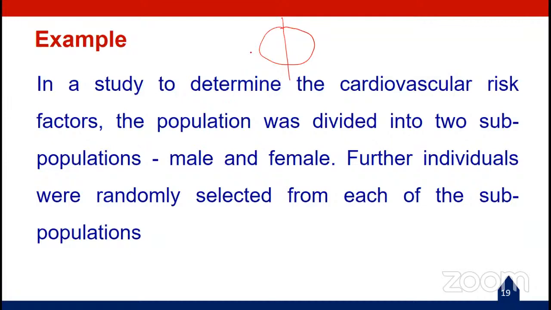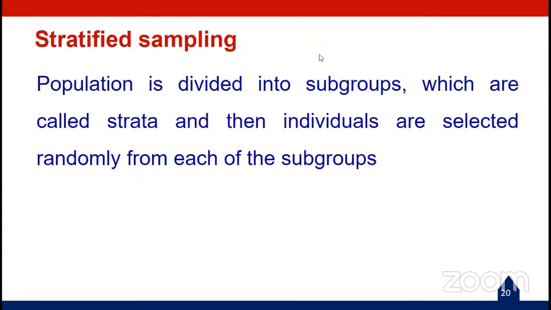This is male, this is female, and from each subpopulation they randomly selected the individuals. This type of sampling is referred to as stratified sampling.